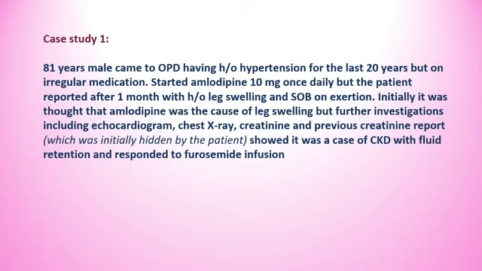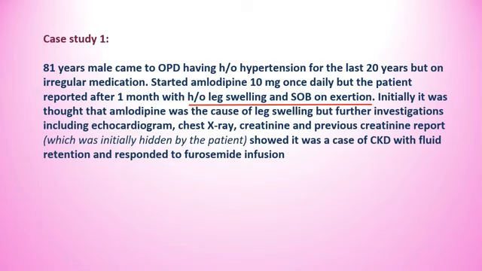Case study 1. An 81-year-old male came to the OPD with a history of hypertension for the last 20 years but on irregular medication. Amlodipine 10 mg once daily was started, but the patient reported after 1 month with a history of leg swelling and shortness of breath on exertion.